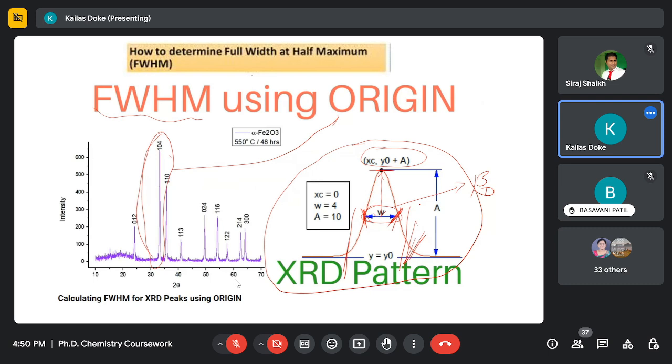So the calculation I have shown using this Debye-Scherrer equation is only for the 200 intense peak for the first magnesium oxide sample and the second magnesium oxide sample. The important thing is that the theta value in the calculation of crystallite size using the Debye-Scherrer equation should not be in degrees.